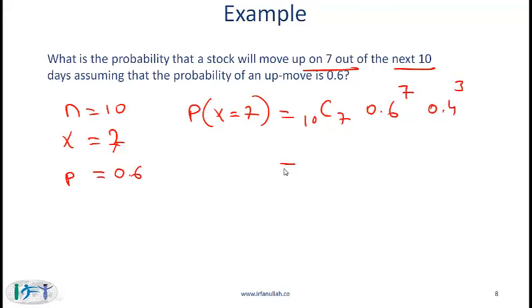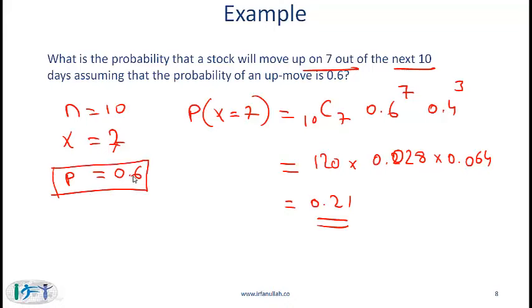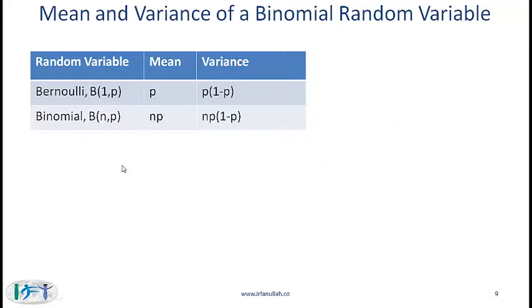When you solve this, you should get 0.21. So this is the probability that the stock will be up 7 days in the next 10 days. And notice that this probability is a little higher than what we calculated on the previous slide, because the probability of success is higher. Next concept.